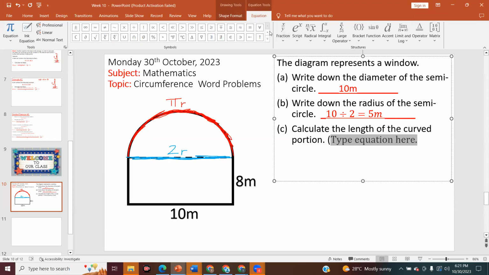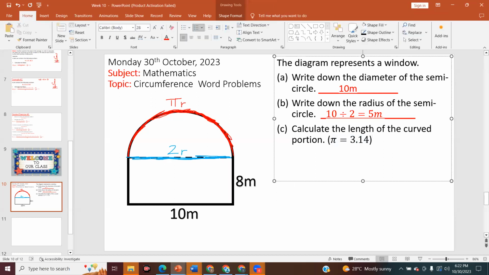Pi is equal to 3.14. Let's close the brackets. All right, so pi is equal to 3.14. So in order to find the length of the curved portion, let's write this down.